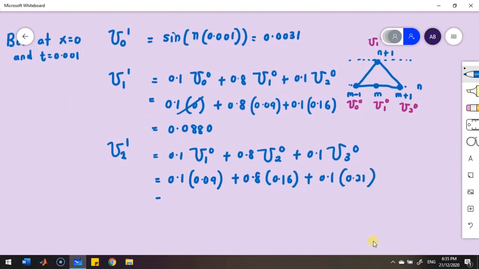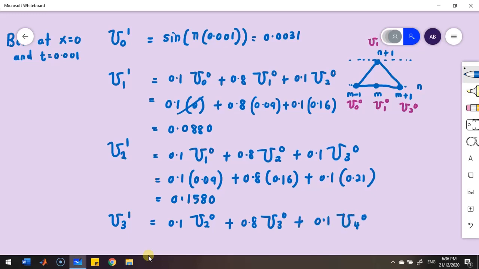So what do I get? You have 0.009 plus 0.128 plus 0.021; you've got to use a calculator to do this. So 0.1580. I have done it earlier on, so I can do it quickly. Now u31 will be 0.1 u20 plus 0.8 u30 plus 0.1 u40.